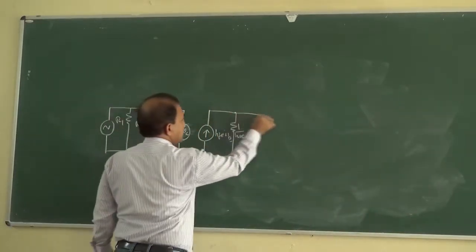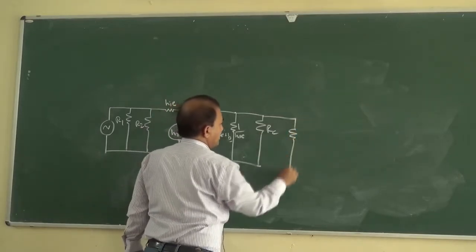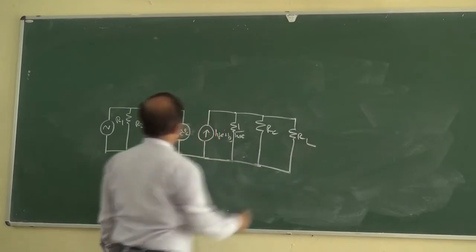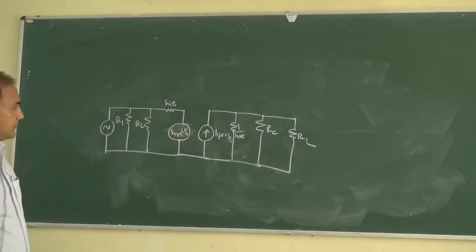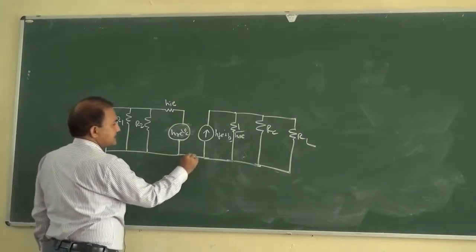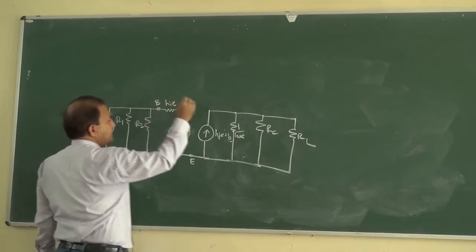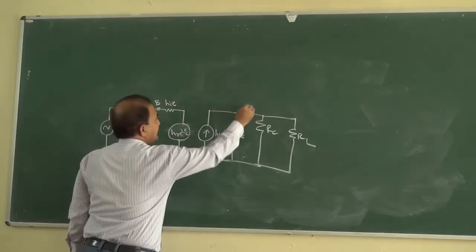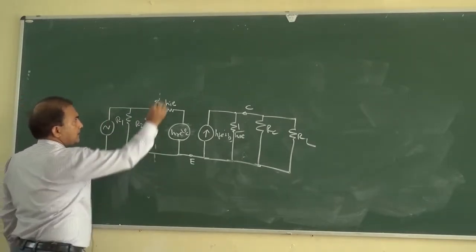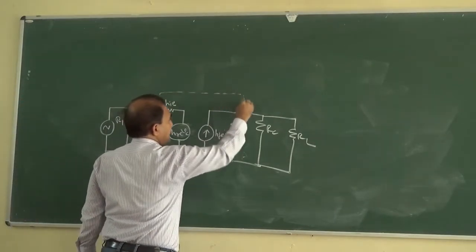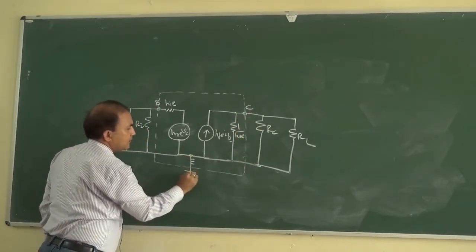Okay, so this is the emitter terminal, this is the base terminal, and this is the collector terminal. So we have replaced the BJT by its H parameter model, and this is ground.